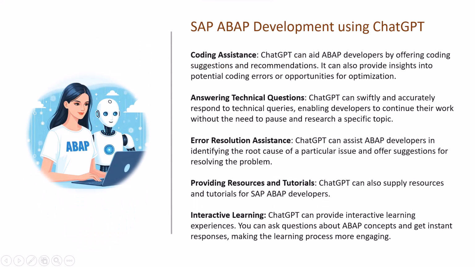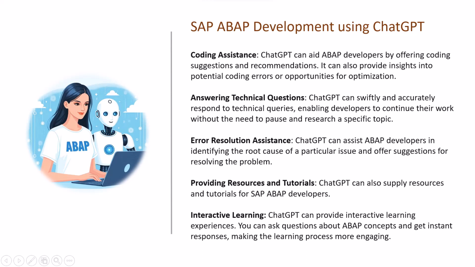Here is how it can be useful. ChatGPT can assist you in writing SAP ABAP programs and reduce the overall time required for SAP ABAP development. You can share your ABAP code snippets with ChatGPT and it can help you review them. It can provide suggestions for improvements and identify potential issues.